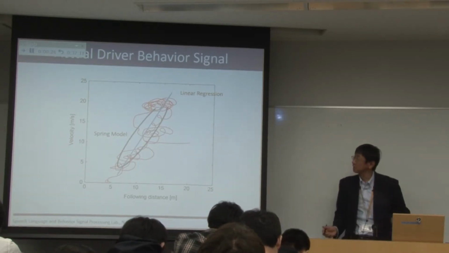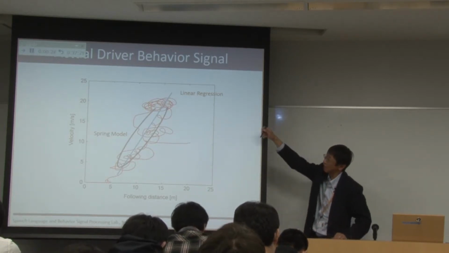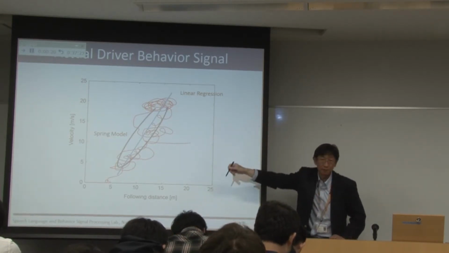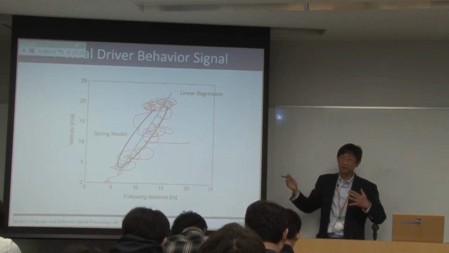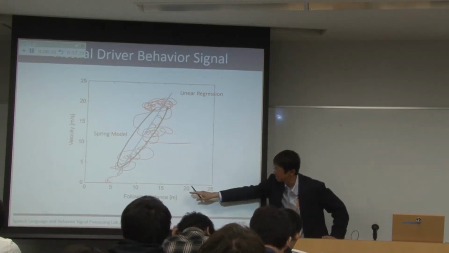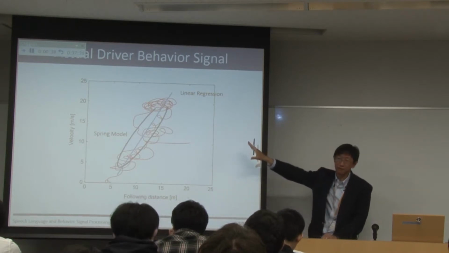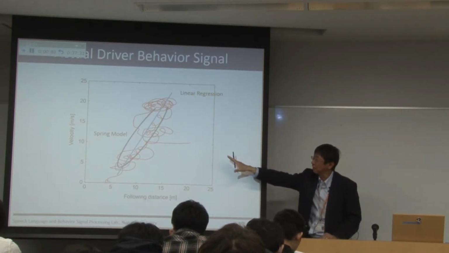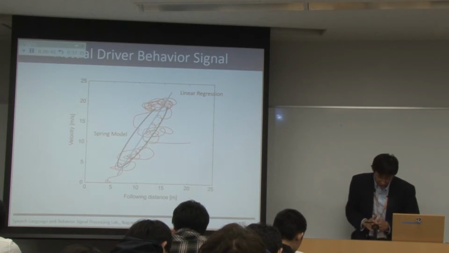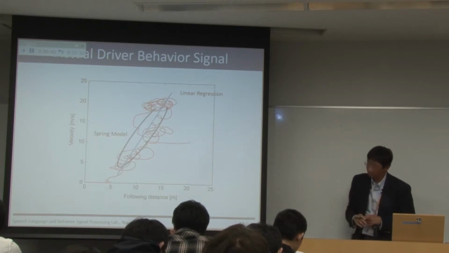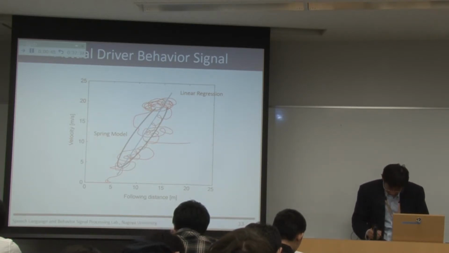As you can clearly see, there is a simple tendency of a linear relation: if the distance gets longer, the vehicle drives faster, and things like that.